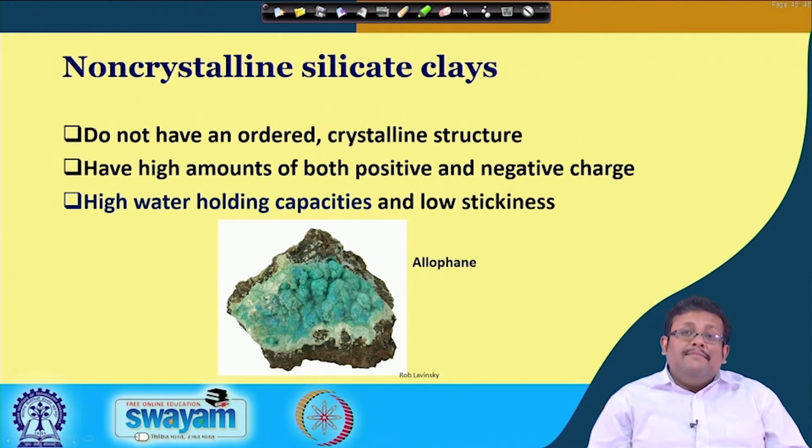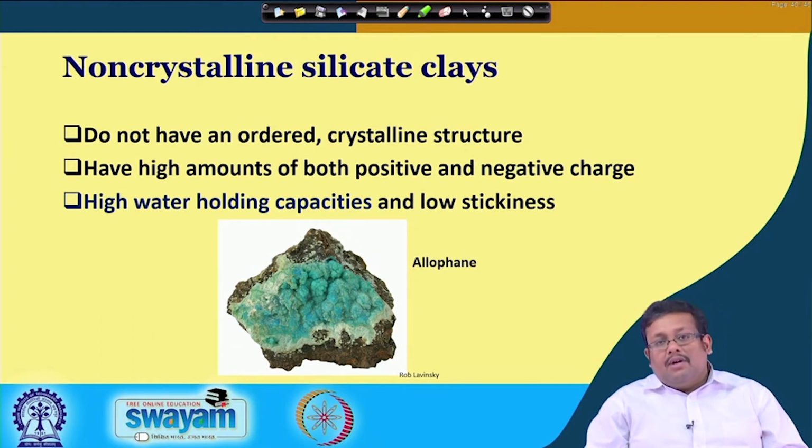Now, another important class of soil colloid is non-crystalline silicate clays. The non-crystalline silicate clays do not have any ordered crystalline structure, and they develop both positive and negative charge, and they have high water holding capacities and low stickiness.